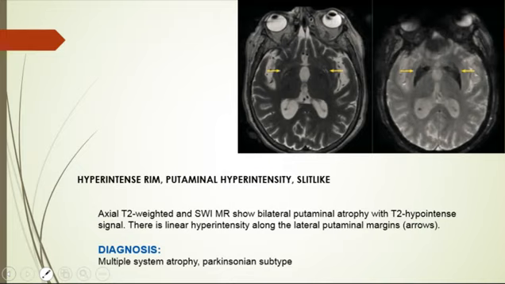The Parkinsonian type shows selective atrophy and mineralization of the putamen. On the T2 weighted and the FLAIR MR, the putamina appear abnormally hypointense with a residual hyperintense rim. There is linearization of the lateral margin, producing what's called the slit-like appearance. You can see it obviously here. These findings can be difficult to distinguish from other age-related degenerative disorders, and like we said, history is very important to differentiate. Okay?